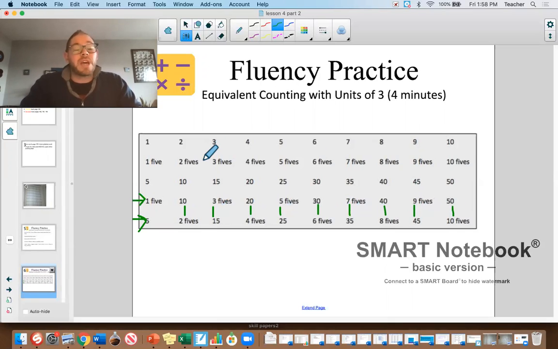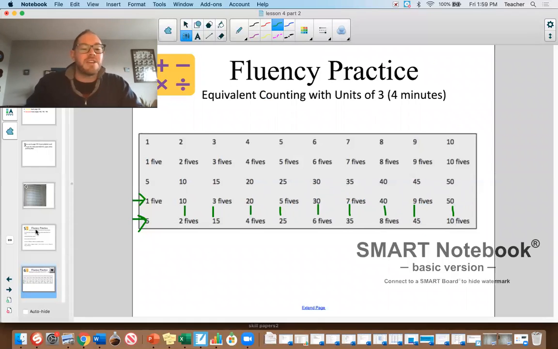So make sure that you know what the grouping number of 5s by is. 1 5 is 5, 2 5s is 10, 3 5s is 15, 4 5s is 20, 5 5s is 25, 6 5s is 30, 7 5s is 35, 8 5s is 40, 9 5s is 45, 10 5s is 50.